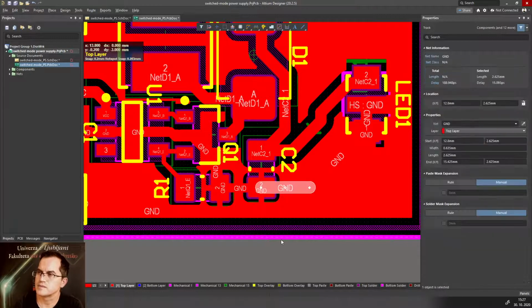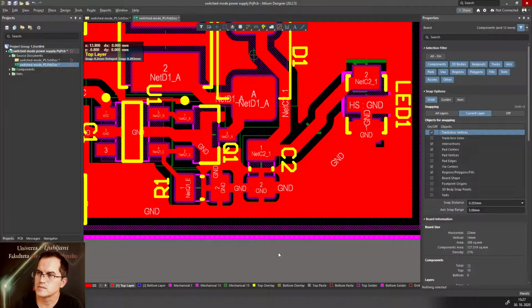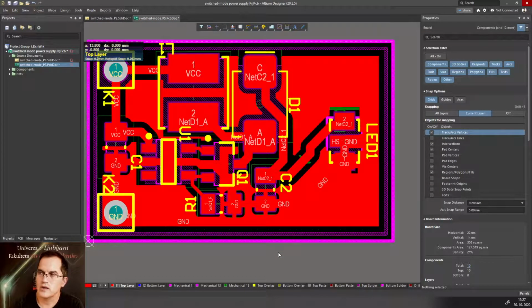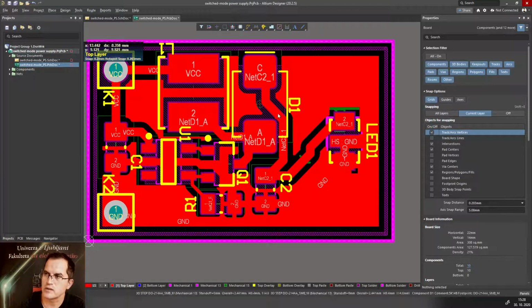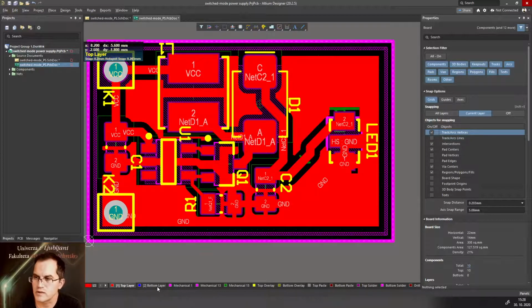What else? Instead of using a 2D design, like here, when you have the current loop, which I just showed before, here, upwards, there, here, and back, you can actually use the bottom layer as well for that.